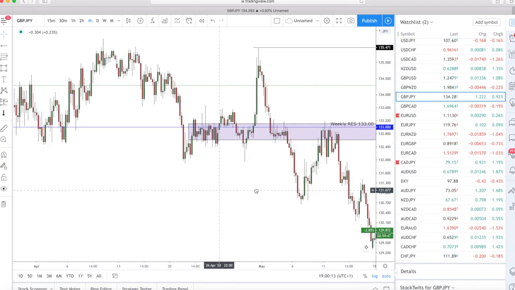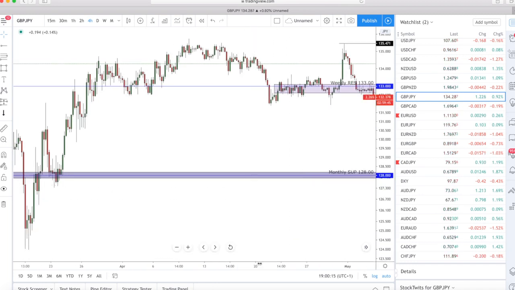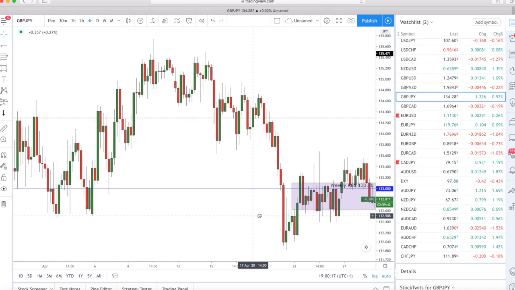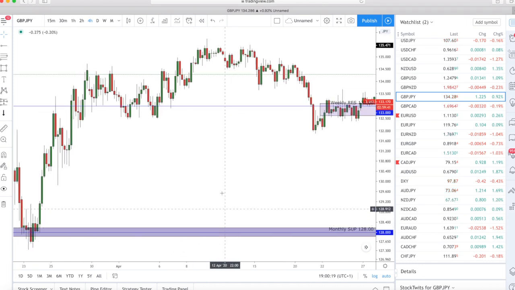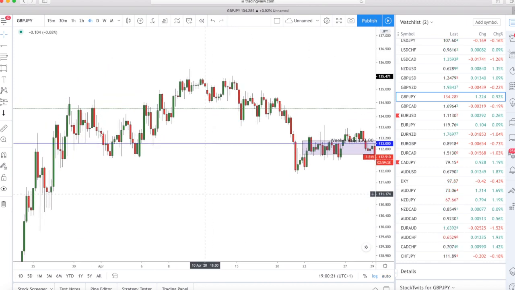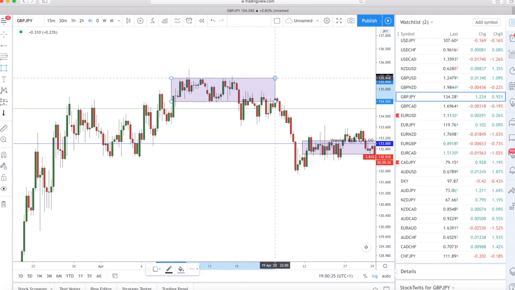So guys, zooming in here. You can see we consolidated in this area. We ranged for a bit. You can see here, this was the last higher high, and I used the bodies and not the wicks.